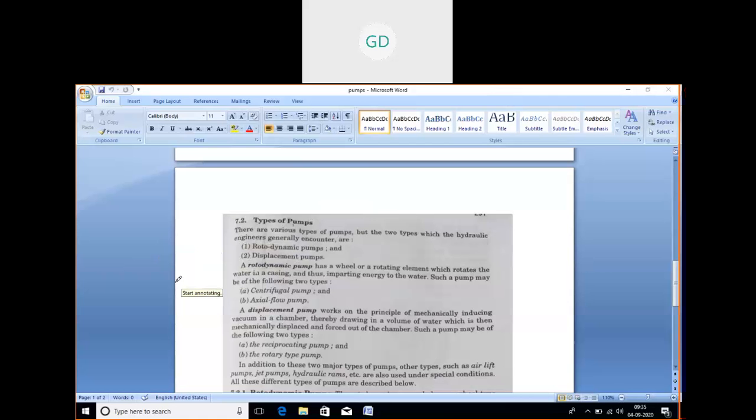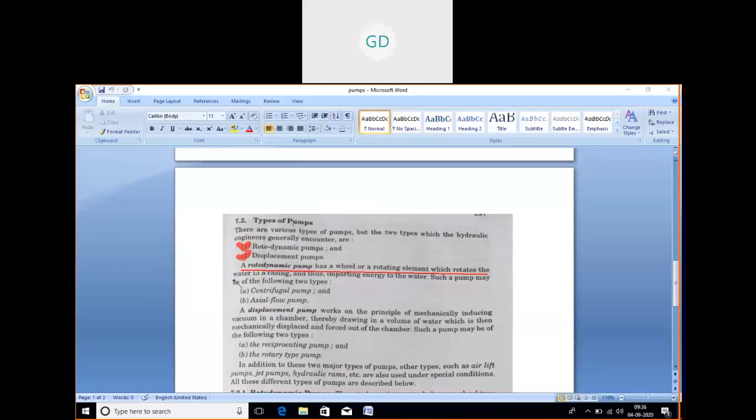So you see here, types of pumps. There are two types of pumps. One is rotodynamic pumps and the second is displacement pumps. You can write it down, later you can remember. So what is a rotodynamic pump? It is written here, a rotodynamic pump has a wheel or a rotating element which rotates the water in a casing and thus imparts energy to the water.